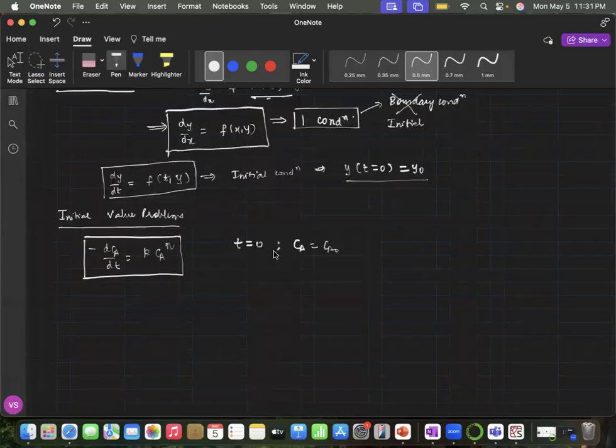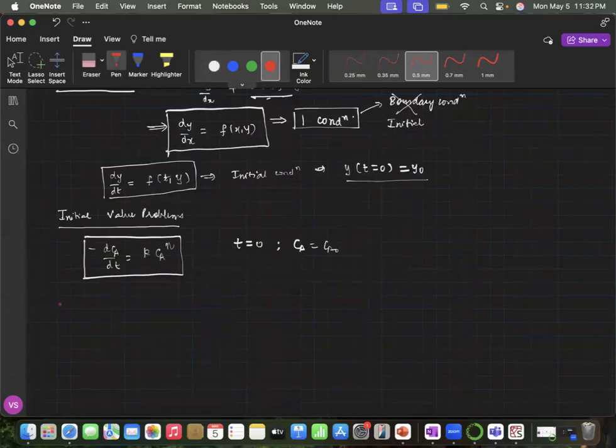Now, this can definitely be solved analytically, but as the problems become more and more complex, you look forward to solving these problems numerically, because solving them analytically becomes very challenging, right? So we'll try to learn how to solve this problem numerically, right?